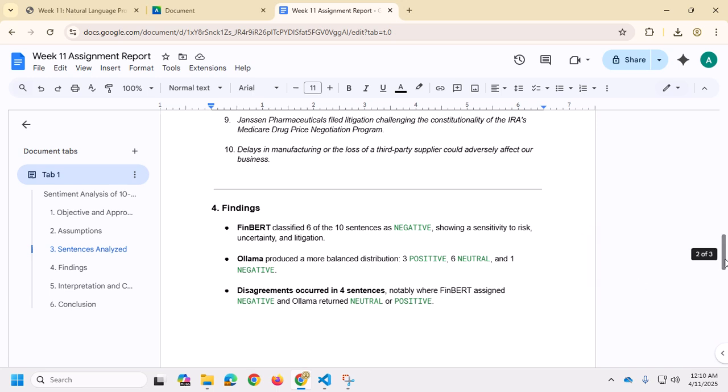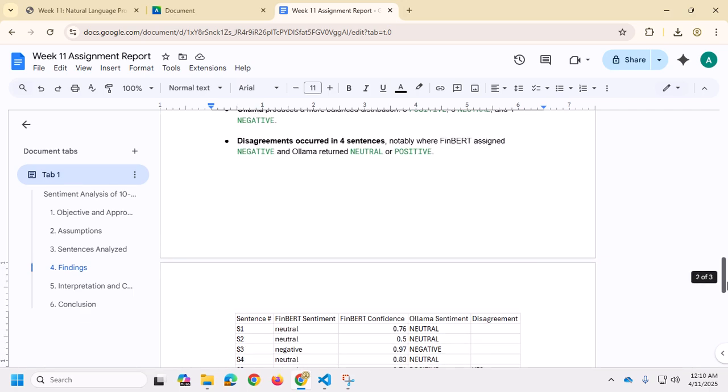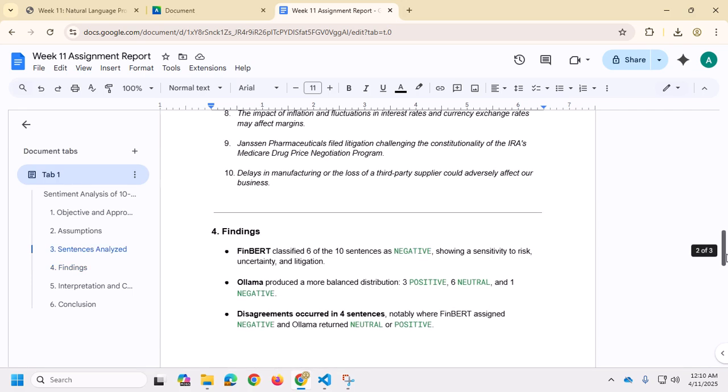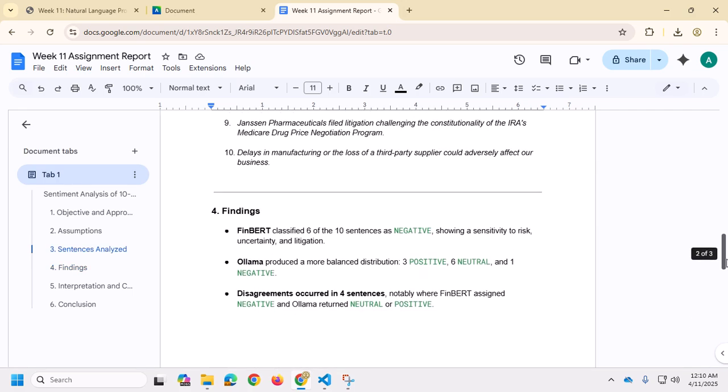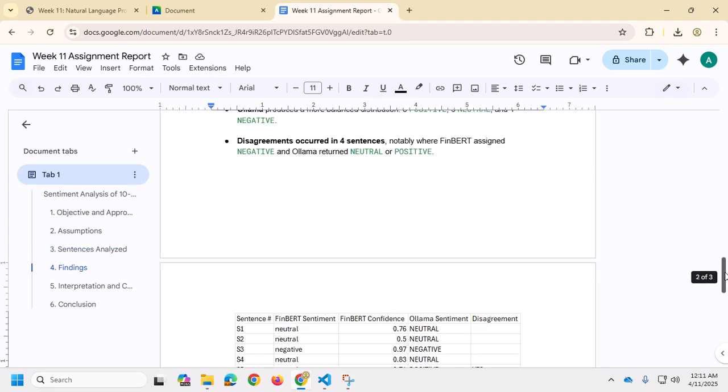Only one sentence was considered negative, which was, I think, number 10, the last one. The disagreement, like I said, occurred in four sentences, notably where FinBERT assigned negative and Ollama returned either neutral or positive. That was a big difference between Ollama and FinBERT.